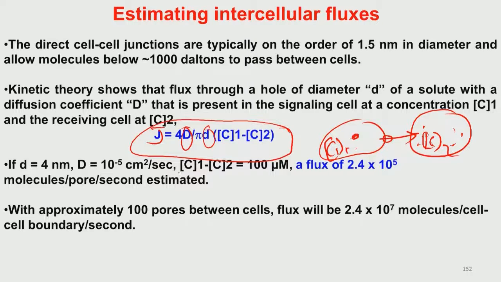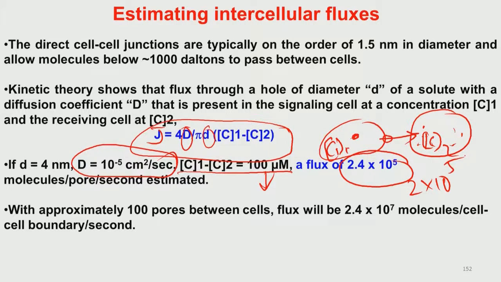If C1 minus C2 is, for example, 100 micromolar, and you take a simple diffusivity value of 10 to the power minus 5 centimeters per second, then from the simple equation you can estimate a flux on the order of 10 to the 5 molecules per pore per second.